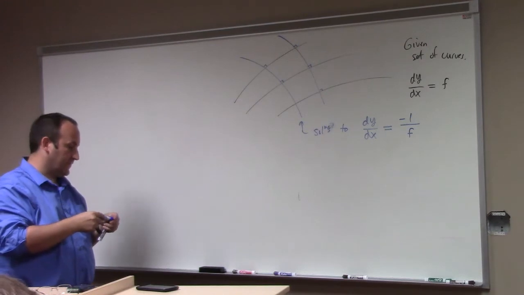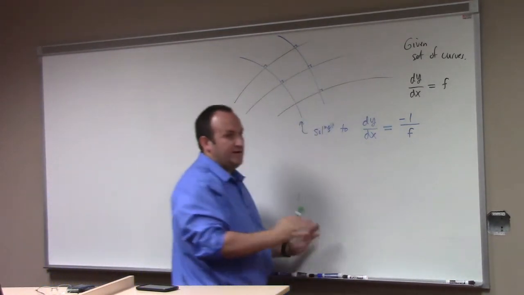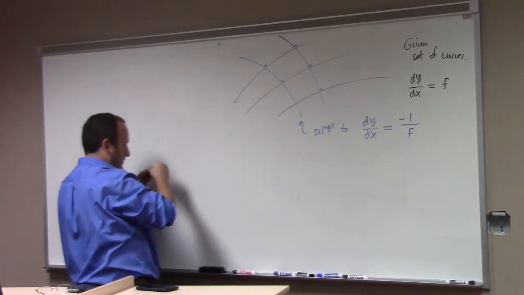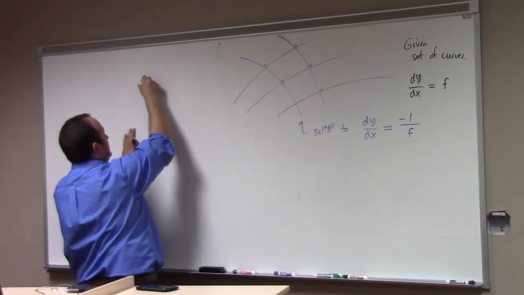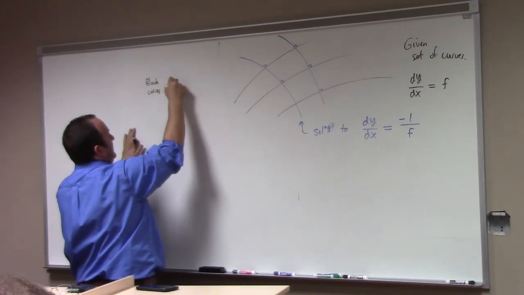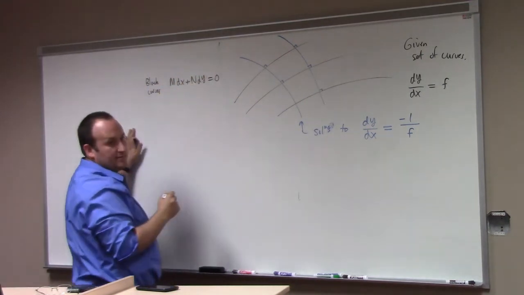All right? Now, this same idea in terms of the Pfaffian forms, I'll use the color coding. If the black curves were solving M dx plus N dy equals to 0, right?